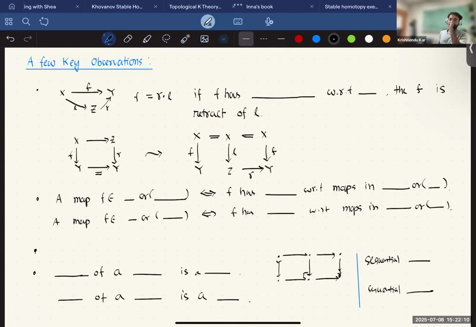Now a map is a fibration or a trivial fibration if and only if it has the right lifting property, the analogous version of that, with respect to the maps in cofibration, trivial cofibration.